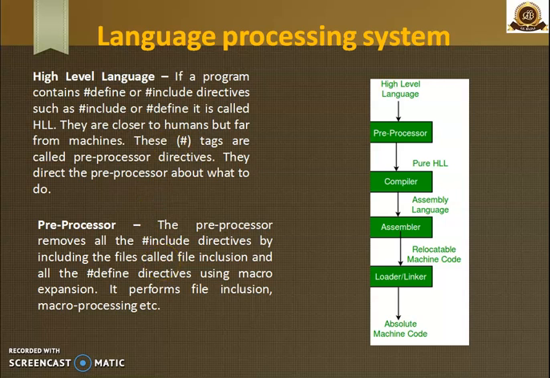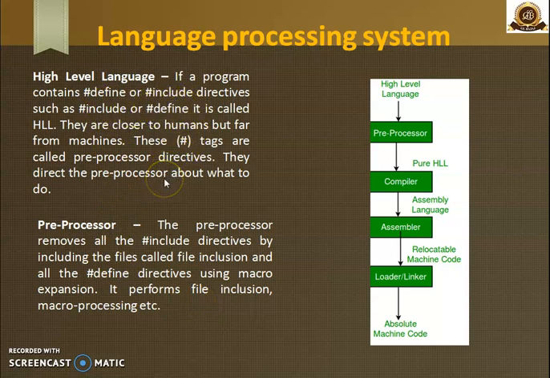So what is the role of preprocessor here? Preprocessor will convert the high level language into a pure HLL. So preprocessor has basically two functions. First is file inclusion, second is macro expansion. So preprocessor is going to remove these lines like hash define and hash include directive.